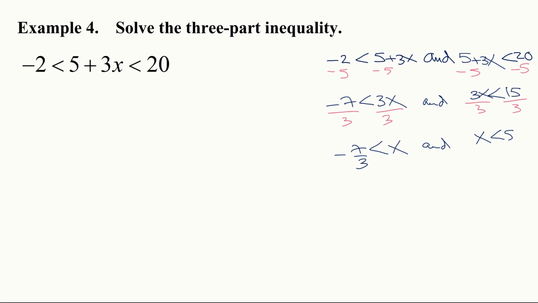If I'm reading from left to right, I say -7/3 is less than x. If I'm reading it from right to left, it's x greater than. Remember, the inequality sign opens toward the larger number. So here we have x greater than -7/3 and x less than 5.